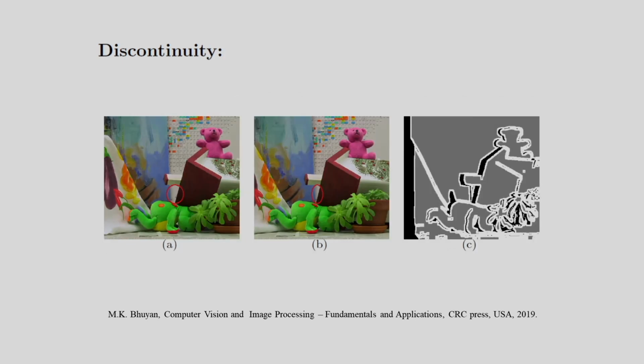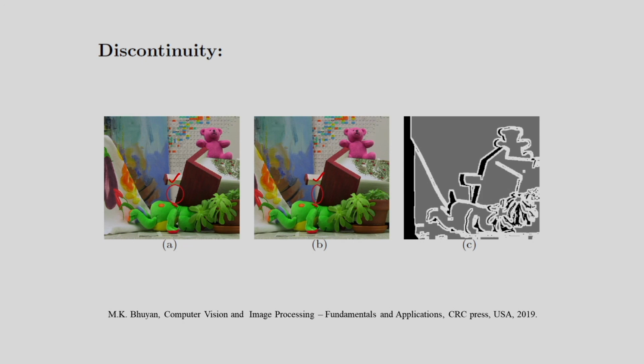Next point is the discontinuity. What is discontinuity? Generally we assume that the surfaces present in the scene are smooth. This is the assumption we have considered. However, this constraint is not fulfilled when multiple objects are present in the scene. If I consider this here, multiple objects are present. Because of this, we have discontinuities between the different objects in a scene, and there is an abrupt change in the disparity value in the boundary regions.